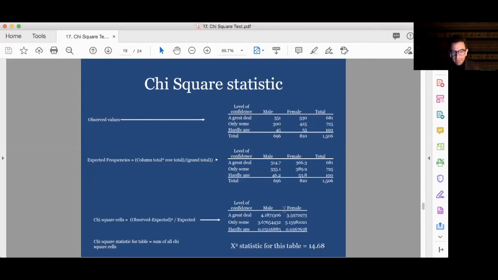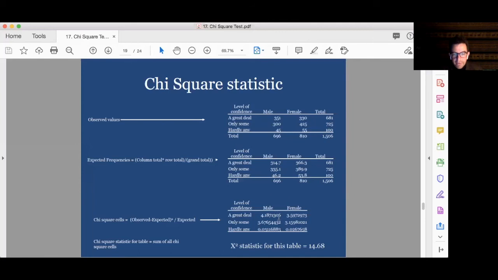Now we're going to calculate the chi-square statistic for each cell, which compares how much the observed values deviate from the expected. And to do that, we use this other little formula. So the chi-square value for each cell is determined by the observed minus the expected, squared, and then divided by the expected again.